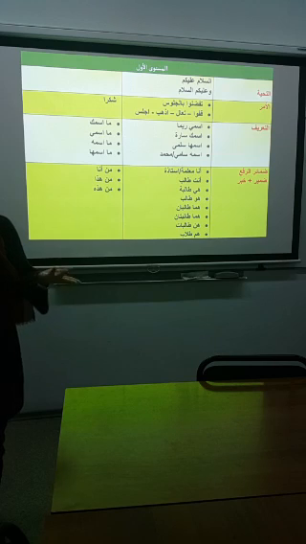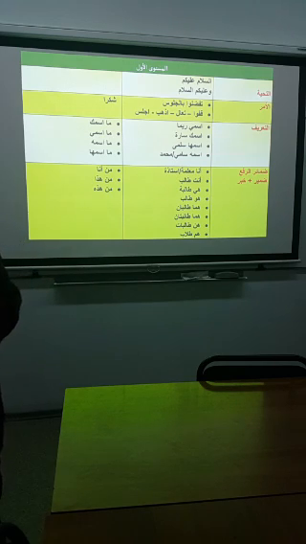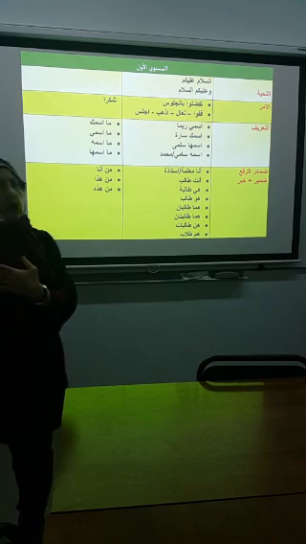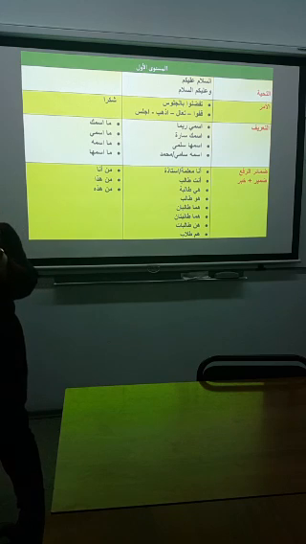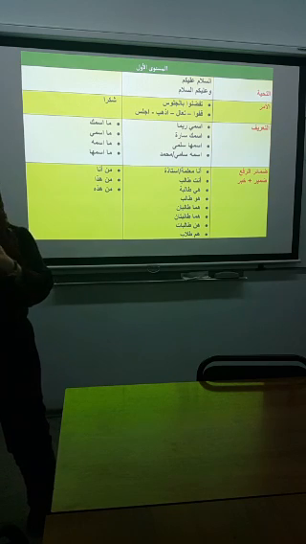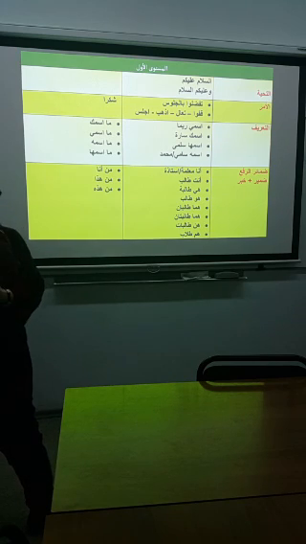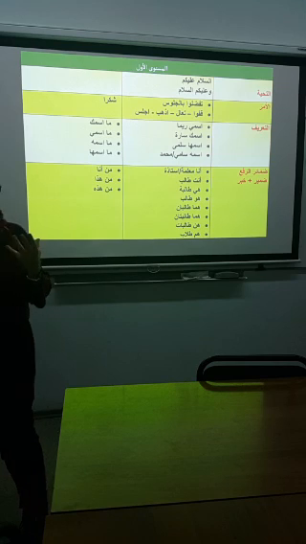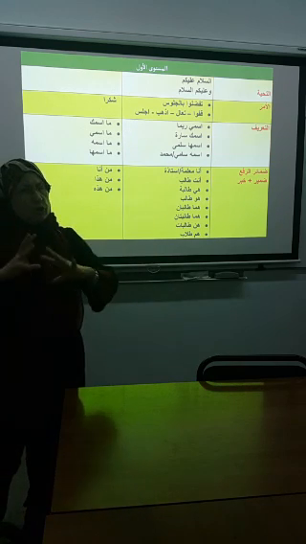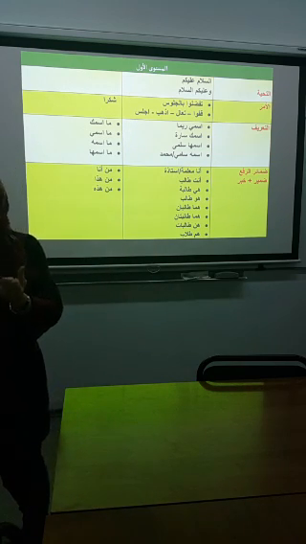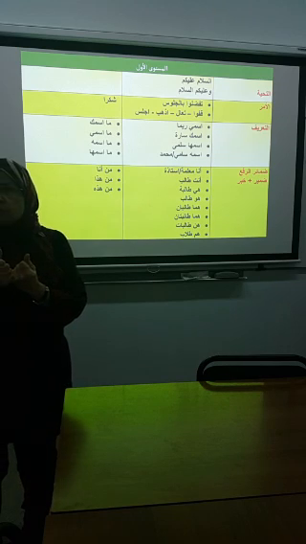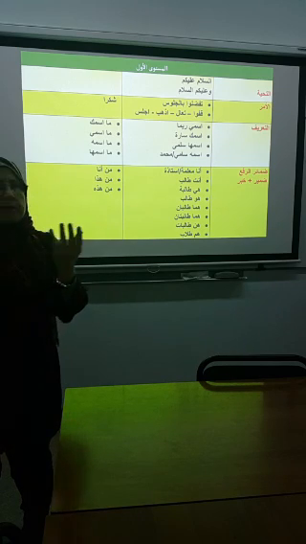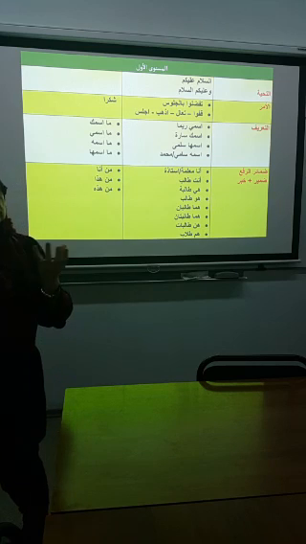So, which words should we teach to the students? We make a list of 2,000 words, and those words should be the most commonly used words. And also, because they are children, most of the words should be tangible, concrete: fruits, vegetables, animals.